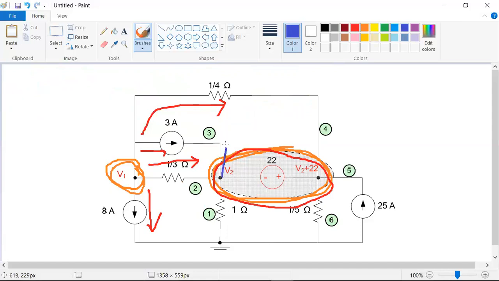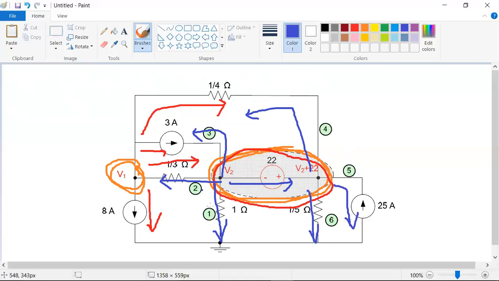Here from V2, this is current direction 1, this is 2, this is 3, this is 4. From here again 1, 2, 3. So you will get a total of 7 parameters.